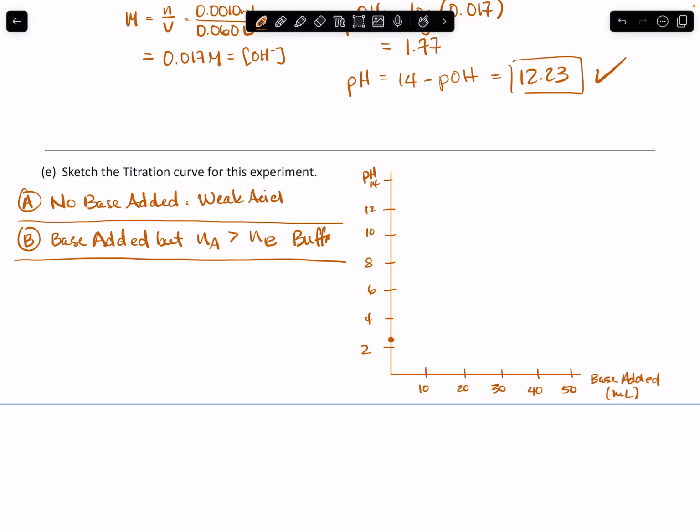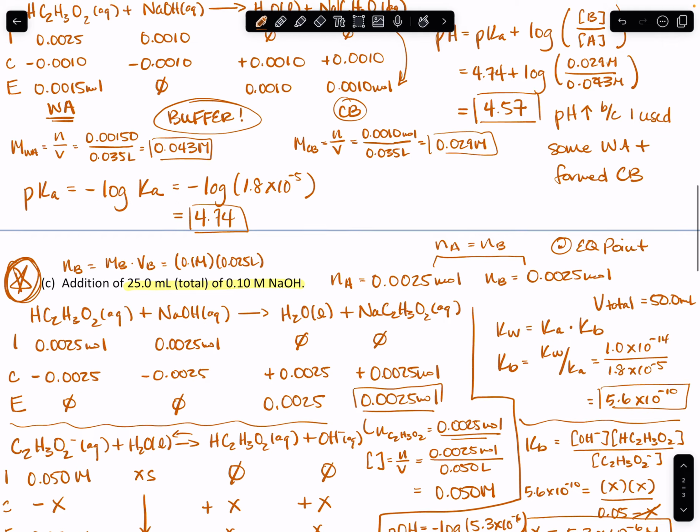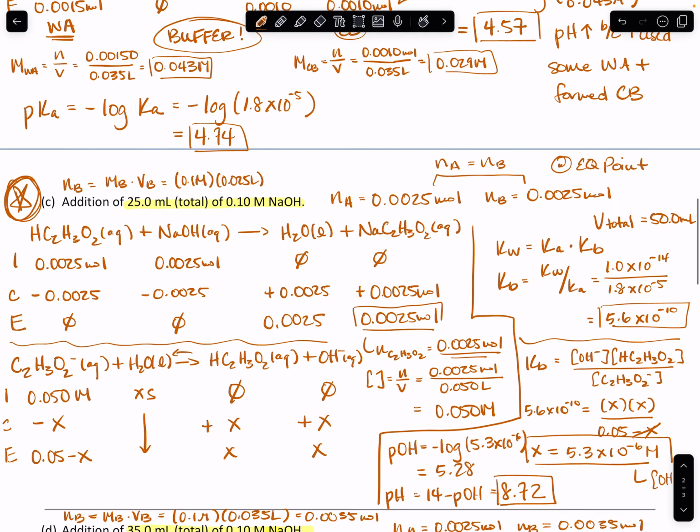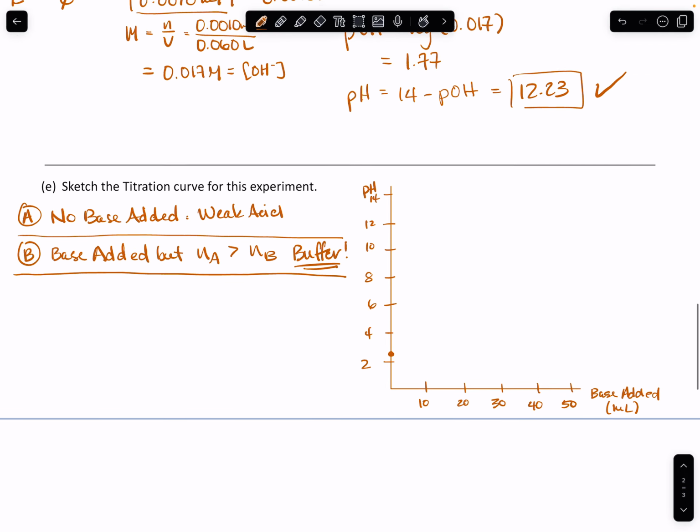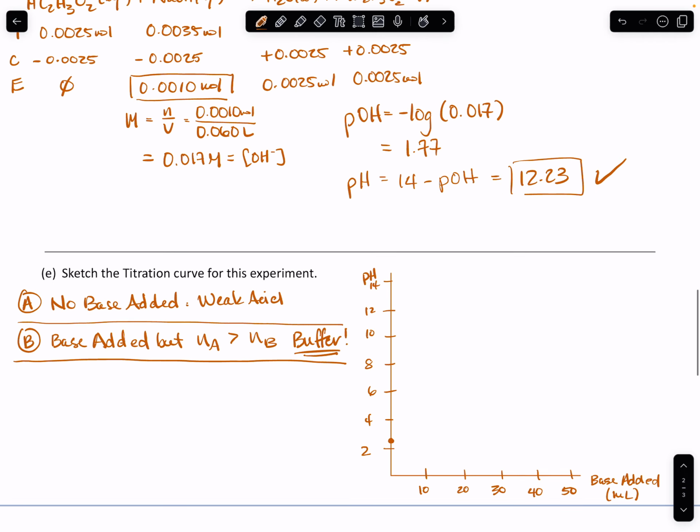This is your buffer. We used our Henderson-Hasselbalch equation, and we found that the pH at this point was 4.57. We had a total volume at that point of 35, so 35, and we were at 4.87. So right around here. It's not going to be perfect, but all right.